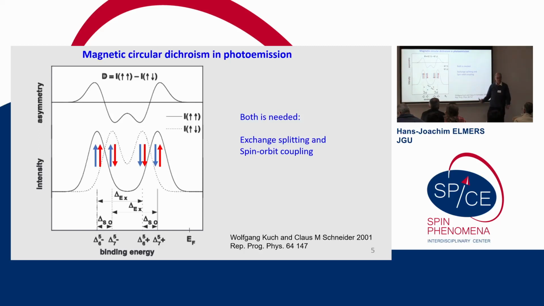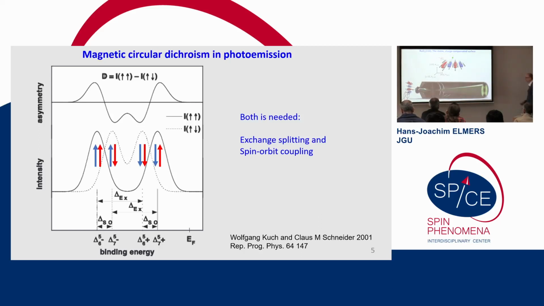If you go to left polarized light, you have the dotted line here. So you expect intensity where you have the red angular momentum down vector, here and here. Now you take the difference, and the difference does not vanish. And you can see in the difference you have this characteristic spectrum, which is then called magnetic circular dichroism in photoemission.